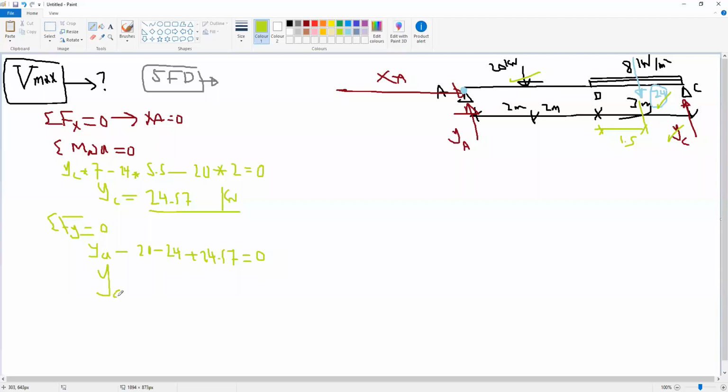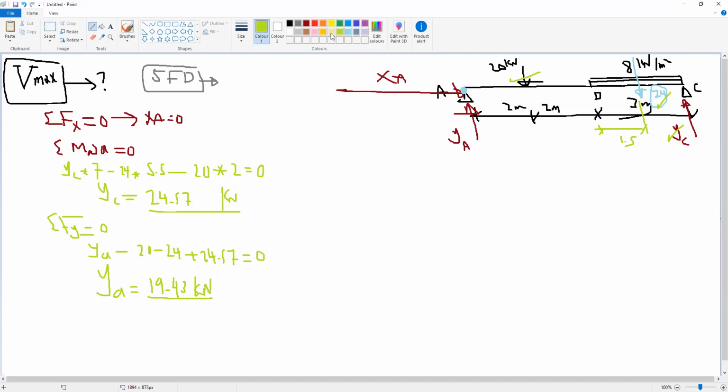So we will get YA equal to 19.43 kilonewton. So the reaction at C is 24.57, the reaction at A is 19.43.